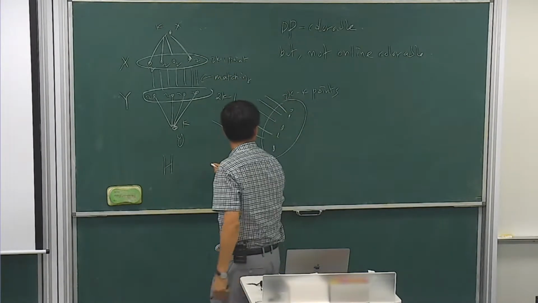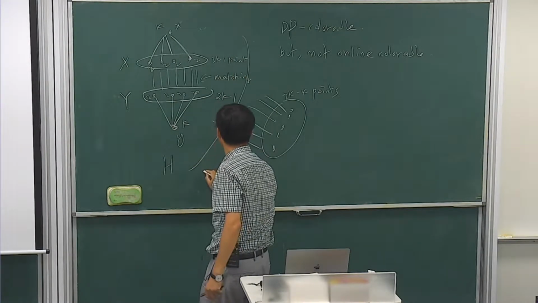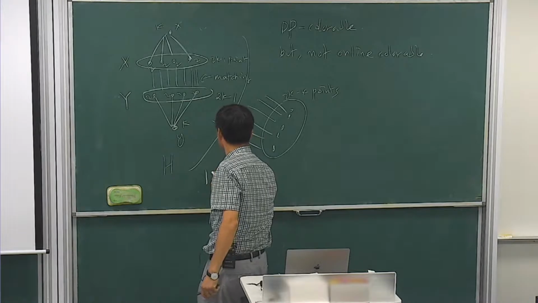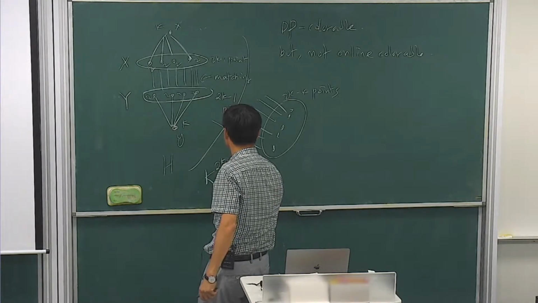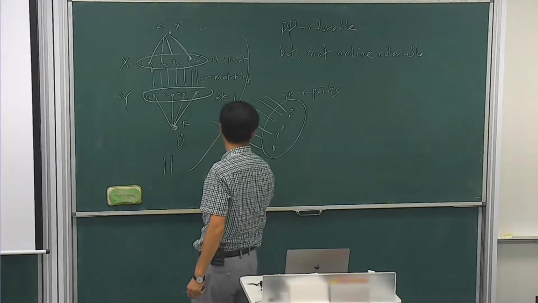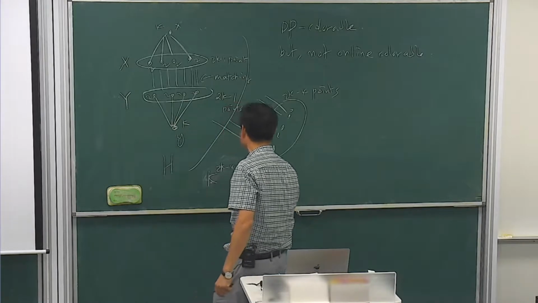Here we have a huge number, k, 2k minus, sorry, this one, k, 2k minus 4 copies.